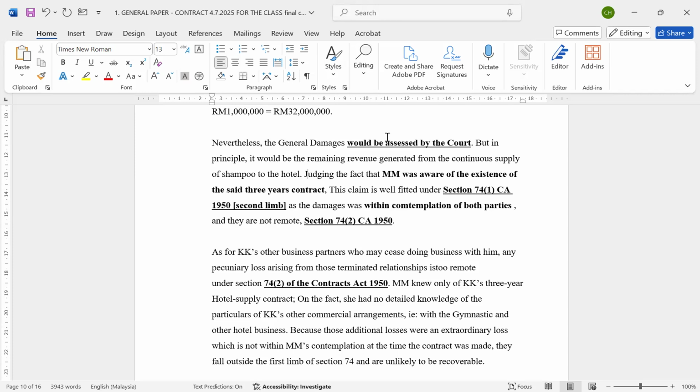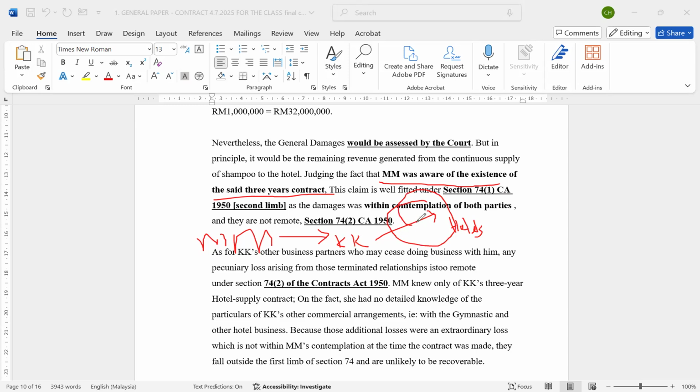Meaning to say, I supply to you, but I do not know your total revenue, isn't it? But here, MM has prior knowledge. The relationship is between MM and KK, and KK formed another relationship with three hotels. By right, the loss suffered by KK throughout this deal has no business on the part of MM.